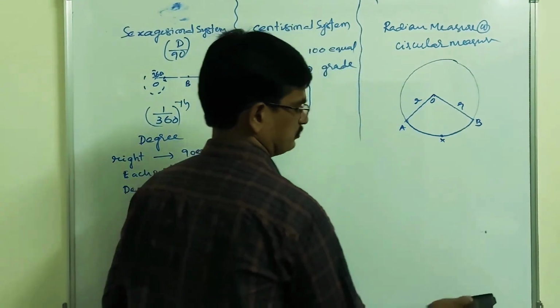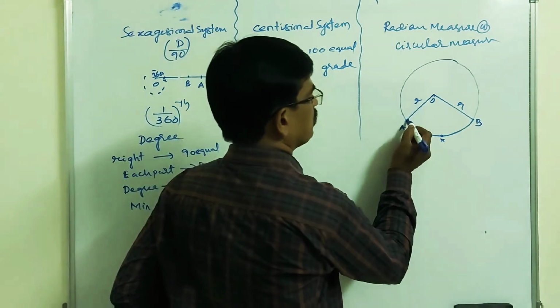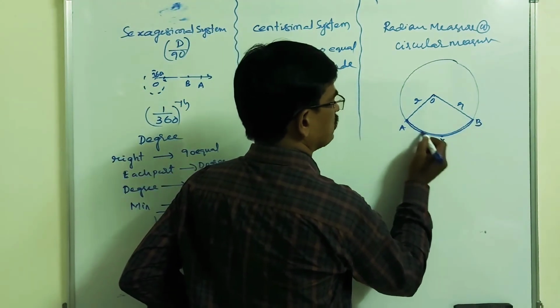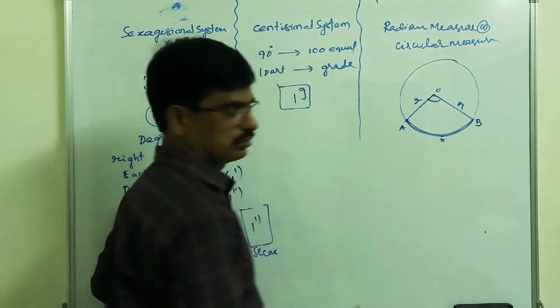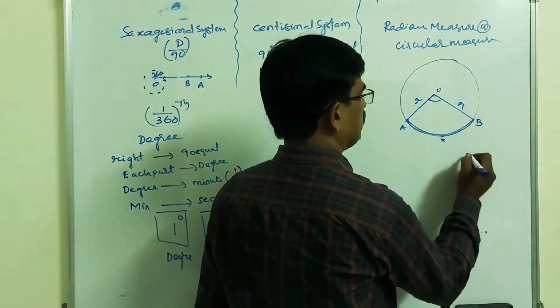Now the angle made by arc AB at the center O is angle AOB.